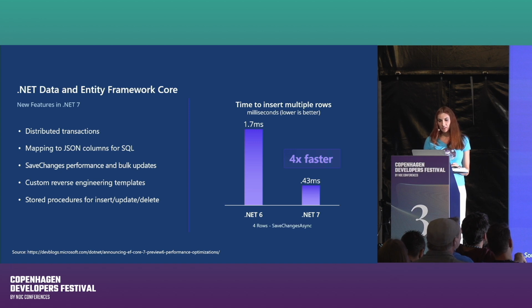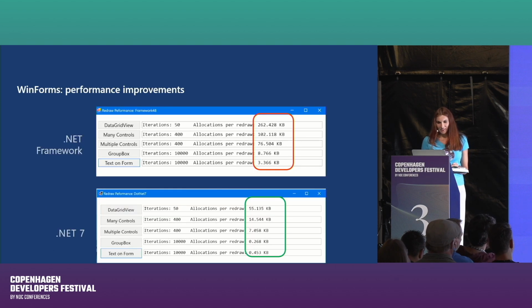That's in .NET 7. And we made .NET 7 4 times faster than .NET 6. We also added performance improvements specifically for WinForms. We changed the way we redraw controls. And you can see the comparison of exactly the same application, targeting .NET Framework and targeting .NET 7.